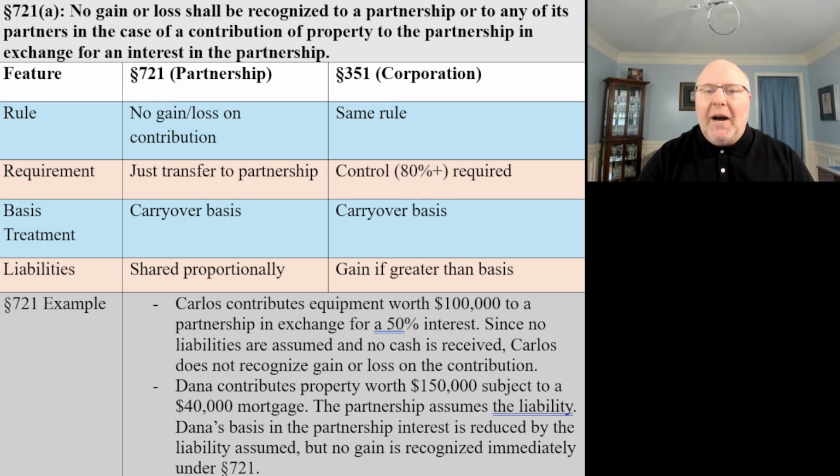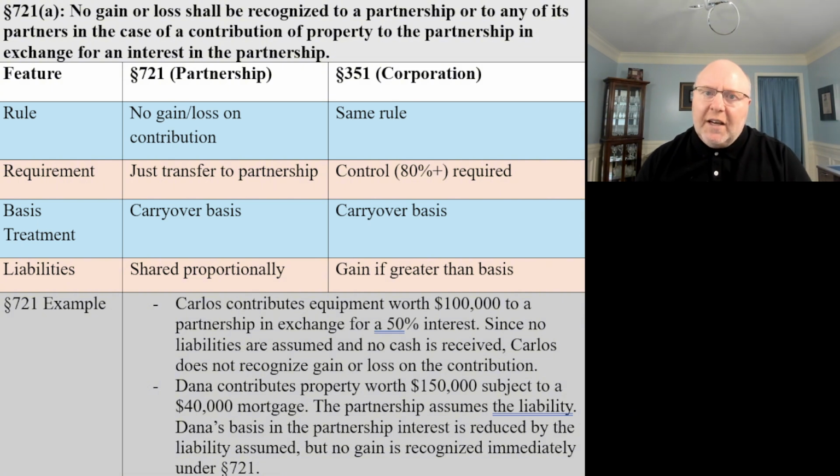But none of that realized gain is going to be recognized, because 721(a) says we don't recognize gain or loss on the contribution of property in exchange for a partnership interest.